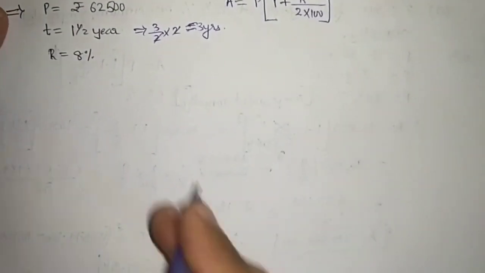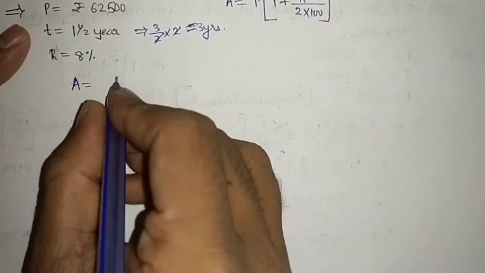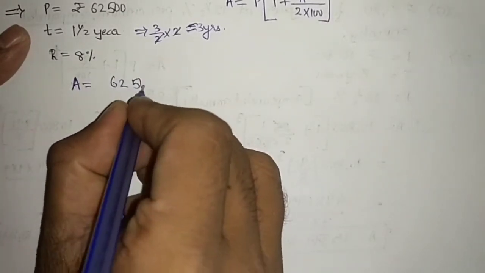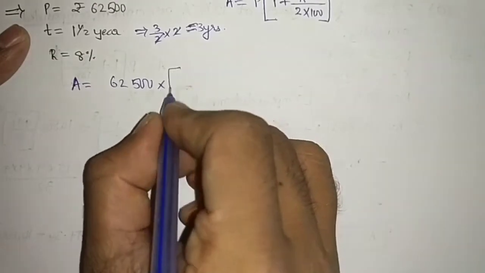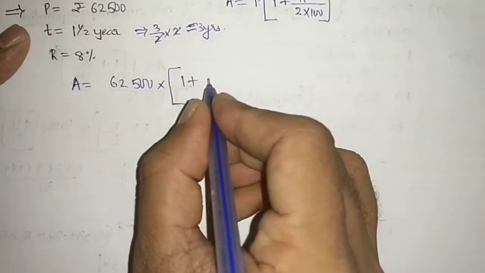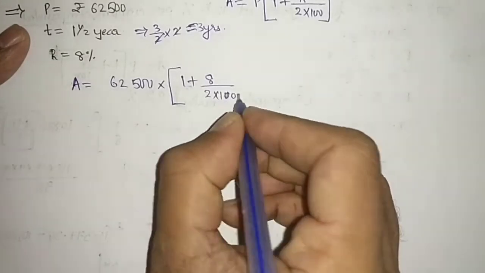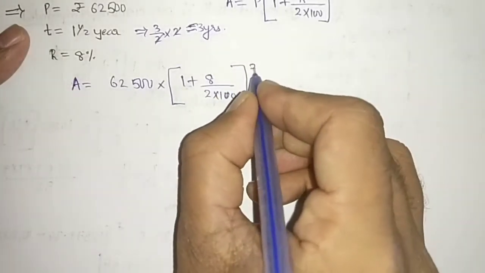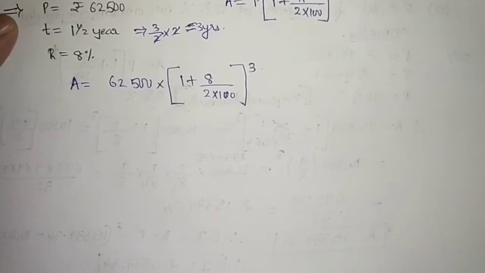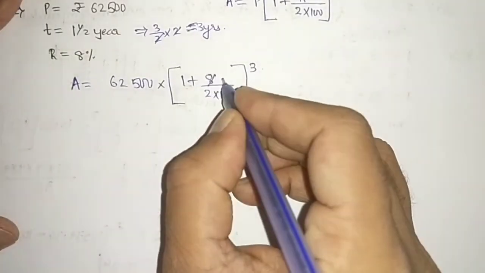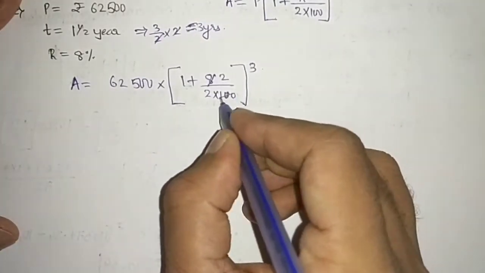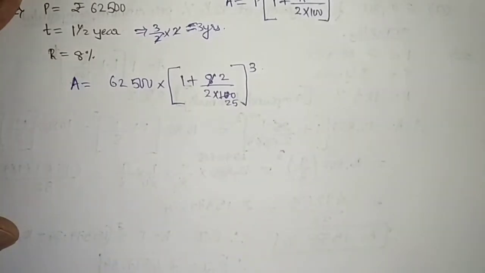So we will start. Amount is equal to, principal is 62,500 multiply by 1 plus R is equal to 8 divided by 2 into 100, and time period is 3 years. So 4 ones are 4, 4 twos are 8 and 4 25s are 100.